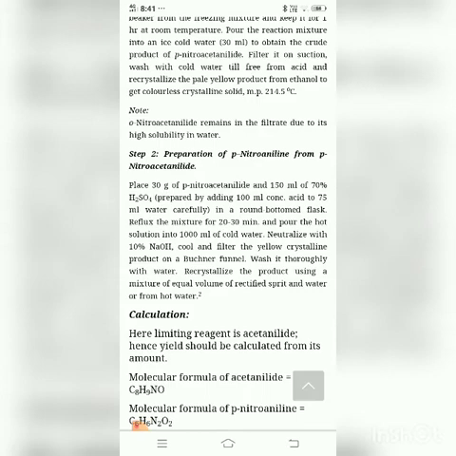Pour the hot solution into 100 ml of cold water, neutralize it with 10% NaOH, and cool and filter the yellow crystalline product on a Buchner funnel. Wash it thoroughly with water, and then recrystallize the product using a mixture of equal volumes of rectified spirit and water, or from hot water.